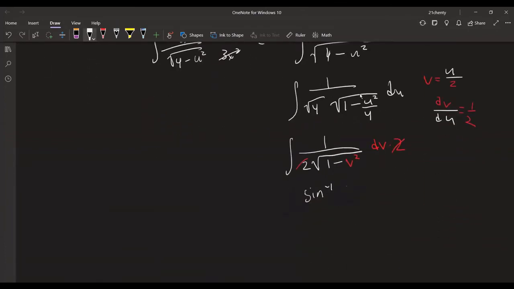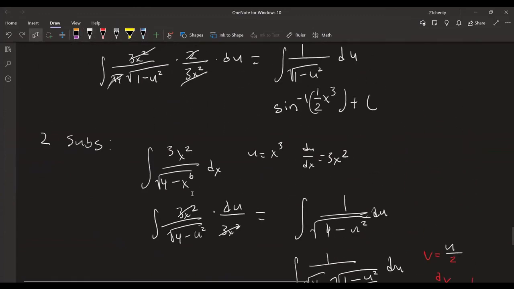We're again left with 1/2 x cubed plus c. So yeah, these integrals are pretty tricky.